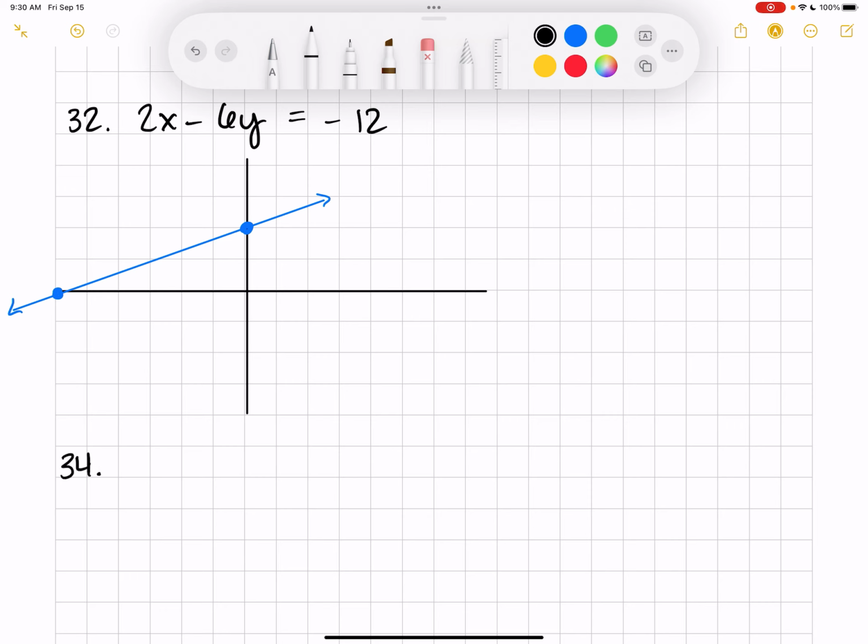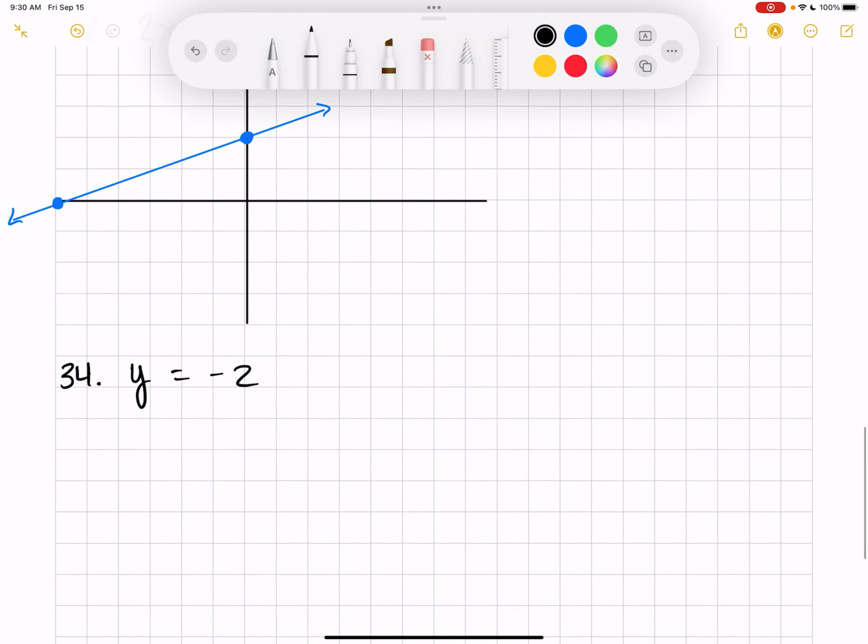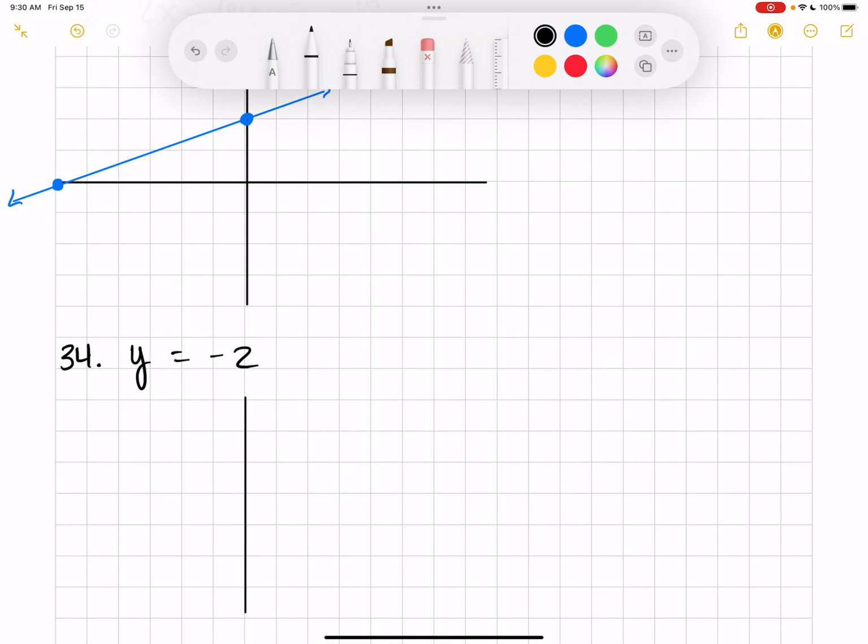All right, this one really fast. If we have something like y equals negative 2, what does that graph look like? What kind of a line is this? Horizontal.